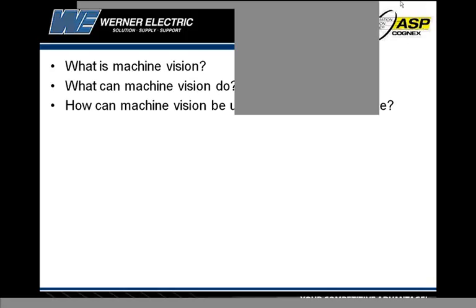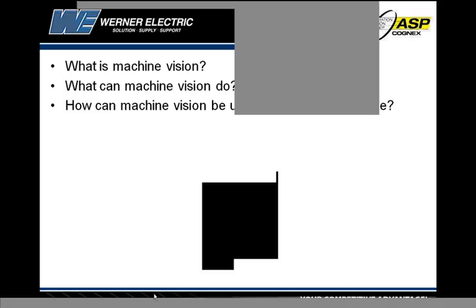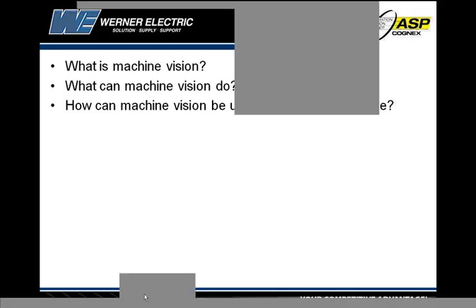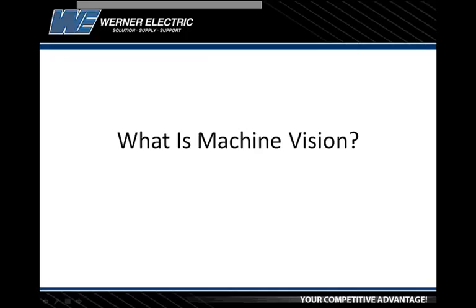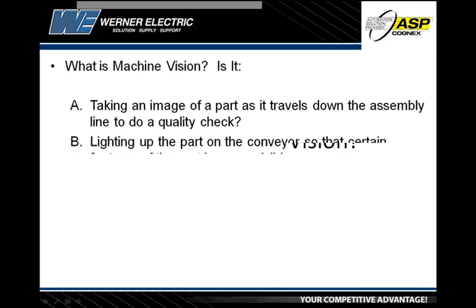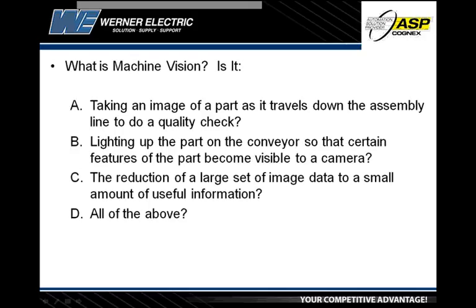So we'll start right in with the basics of machine vision. Okay, what is machine vision? It can be thought of in several different ways. Is it taking an image of a part as it travels down the assembly line and doing a quality check on the part?